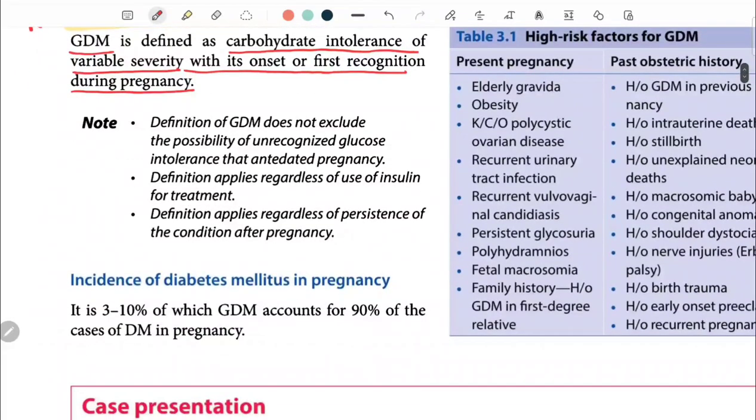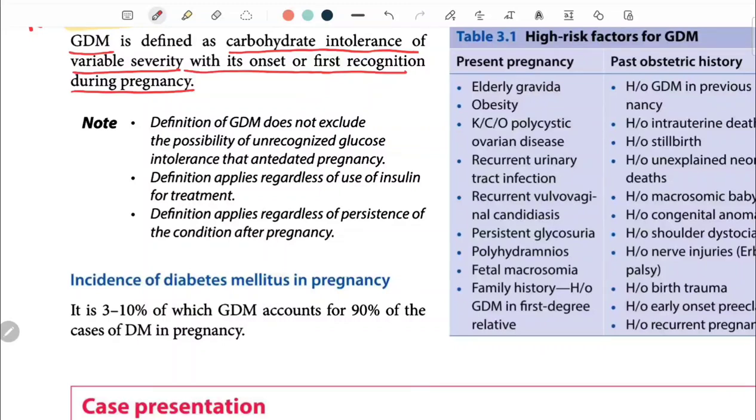Very important definition, guys. Note that the definition of GDM does not exclude the possibility of unrecognized glucose intolerance that antedated the pregnancy.